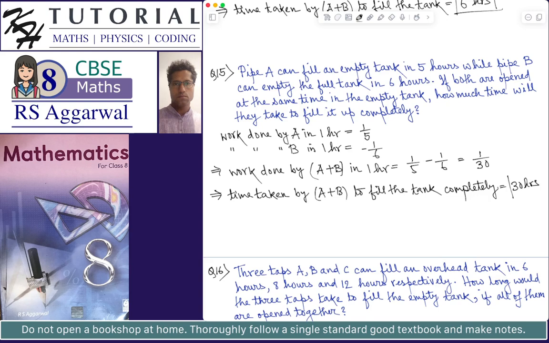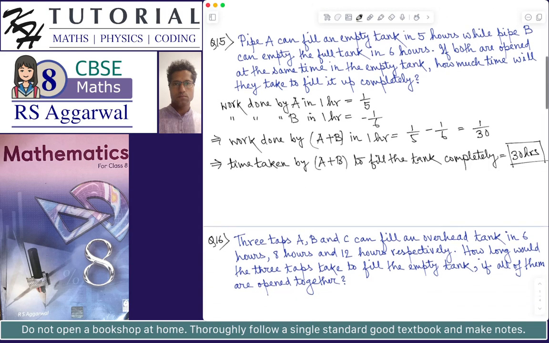Since the work done by A plus B in 1 hour is 1 by 30, and since 1 by 30 is positive, we can say that the whole tank will be filled up by A plus B in 30 hours. So 30 hours should be the answer. Question number 15 is 30 hours. Okay. Let's do question number 16.